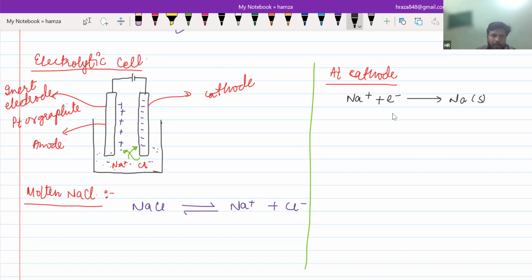Now you can see at anode, Cl- will go and lose one electron and it will be converted into half Cl2 gas. Half Cl2 gas. It will lose one electron at the anode.